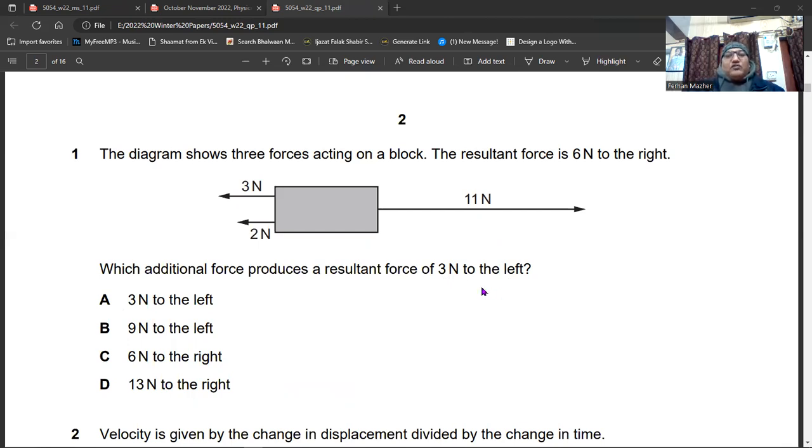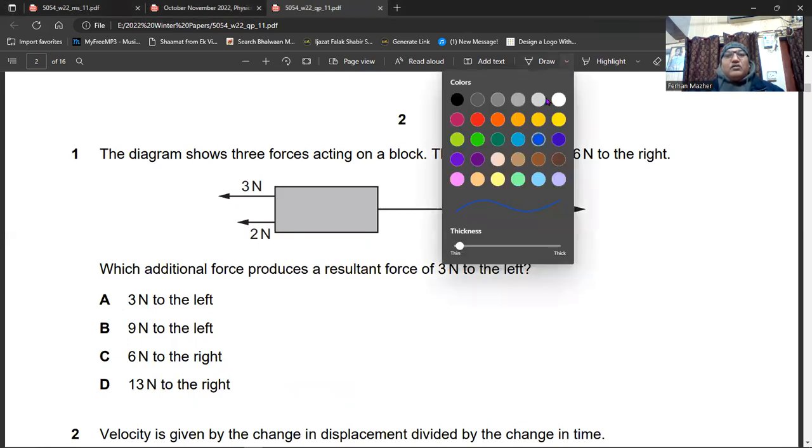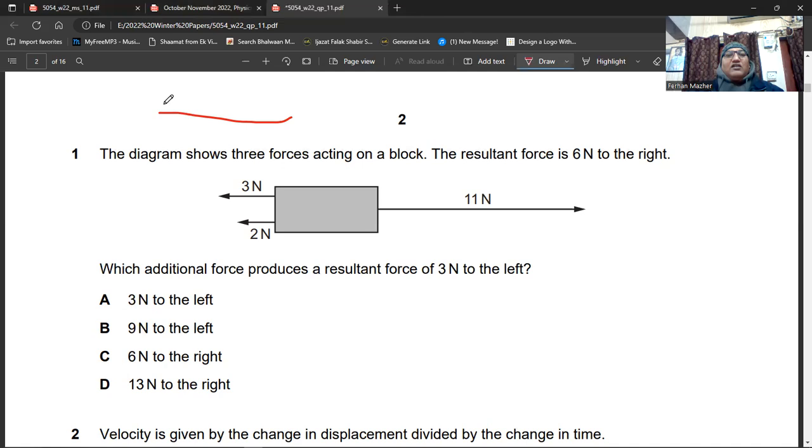Okay, so right now the resultant force is 6. The reason is very simple, because you see, to the left you are applying a force of 5 Newton, and to the right you are applying a force of 11 Newton.